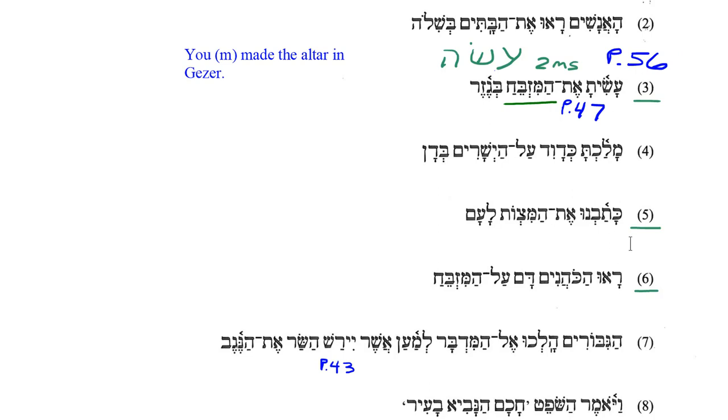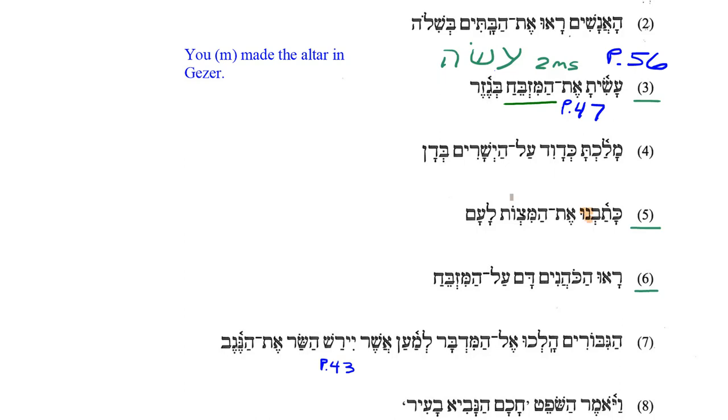Let's come down and look at number 5 here. We have katavnu et hamitzvot la'am. Note again we have an accent on the second to last syllable, so it's katavnu et hamitzvot la'am. So we have a nice standard qatal verb here with that new ending.